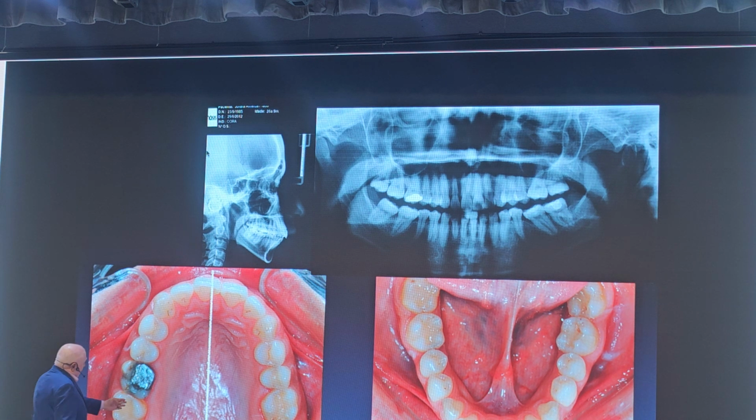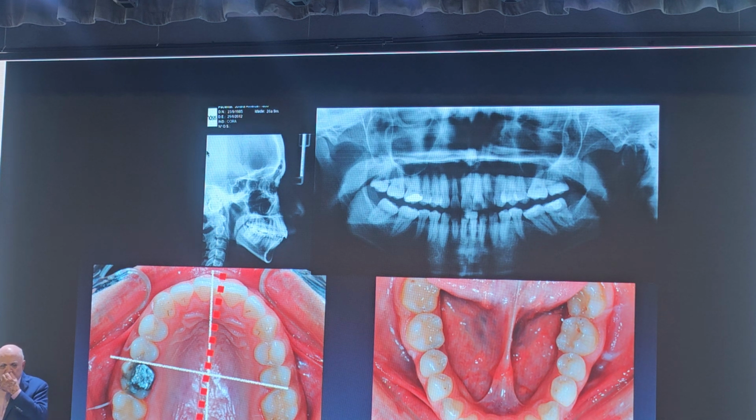If you take a mid-palatal raphe, you can see how it is off. You can see where it is and how you would like to correct it. And this is where you are going to see on one side the molar is class 1, on the other side the molar is class 2.